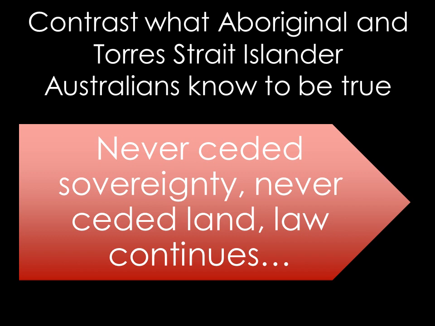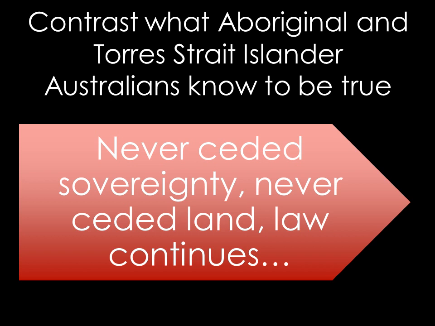So against this background, which is deliberately from the perspective of what I'm calling here the Anglo-Australian legal system, we can contrast the experience of Aboriginal and Torres Strait Islander Australians and what they know to be true.